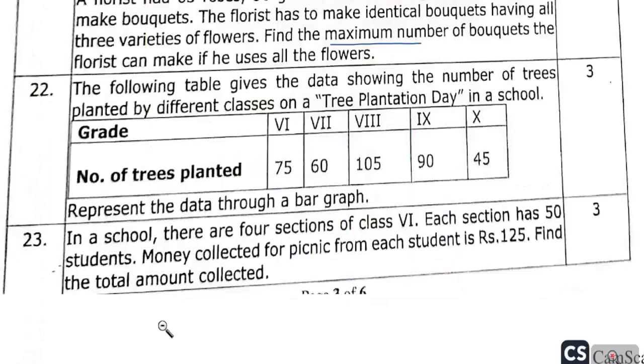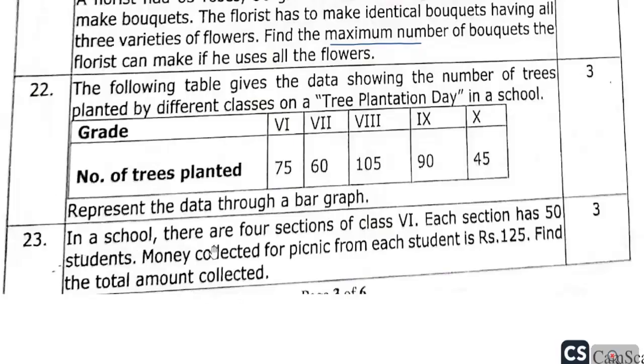23rd question: in a school there are 4 sections of class 6. Each section has 50 students. Money collected for a picnic from each student is rupees 125. Find the total amount collected.